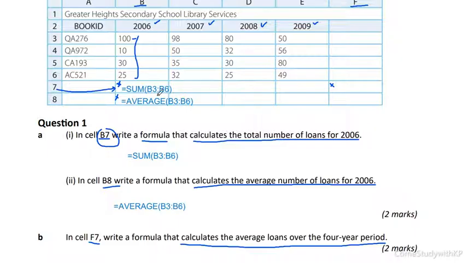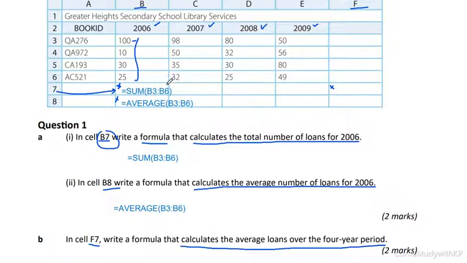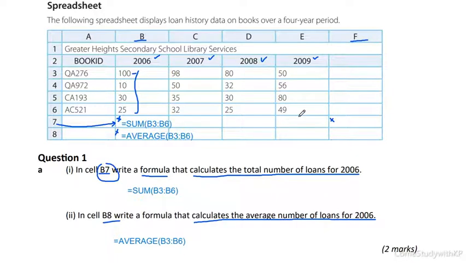Now, if all of the cells from B7 to E7 have the sum for each year, sum here, sum here, sum here, and sum here as well, then if we sum all of these and divide by 4, that should give us the average.